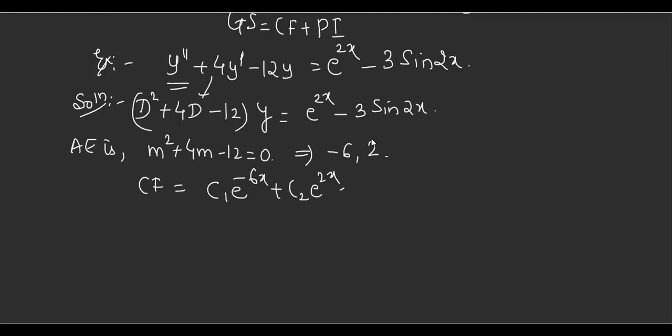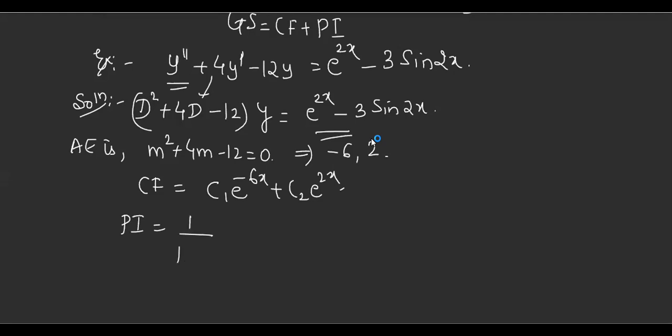Just see now, while finding PI, how many terms do you have on RHS? How many terms are there? There are two terms, ma'am. So when you find PI, there also you'll get 2 terms because we have different cases. So let us separate and write it as 2 terms.